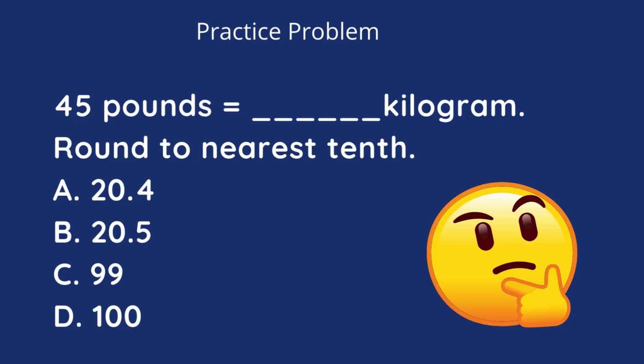You should get something like 20.45454545. It keeps going. And I'm going to the nearest tenth. So it's 20.45. So because that 5 in the hundredths place, it's a 5 or bigger, it's going to be 20.5. That is your final answer for this rounding and for this practice problem.